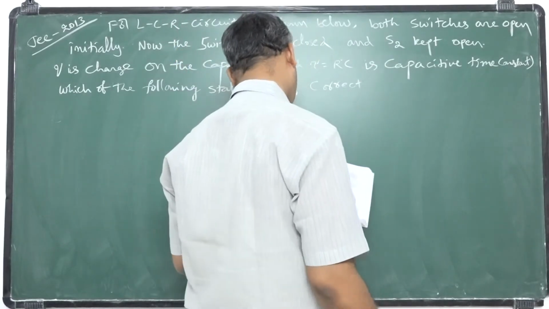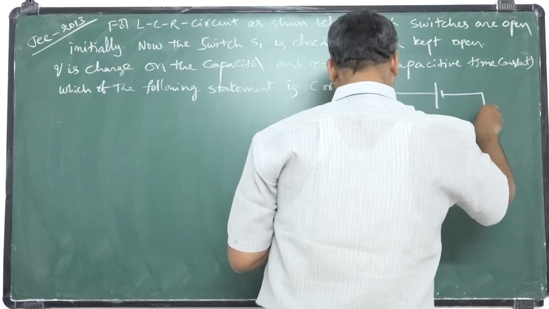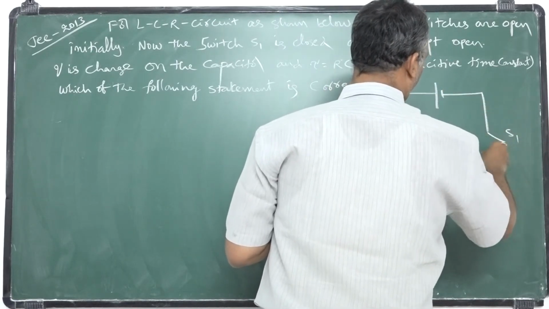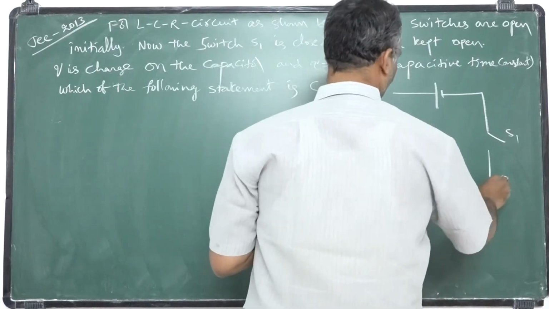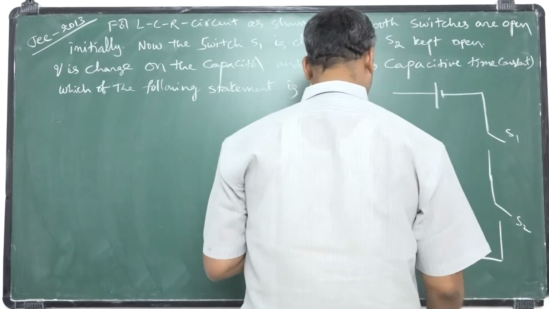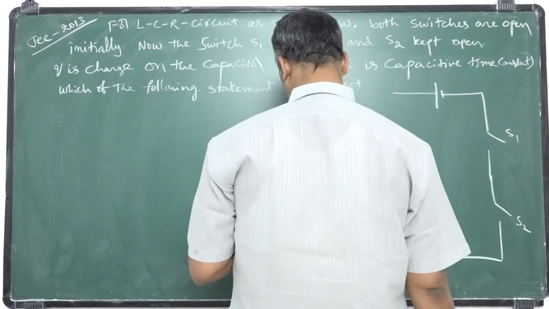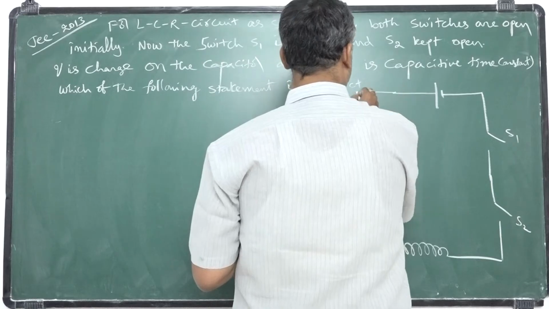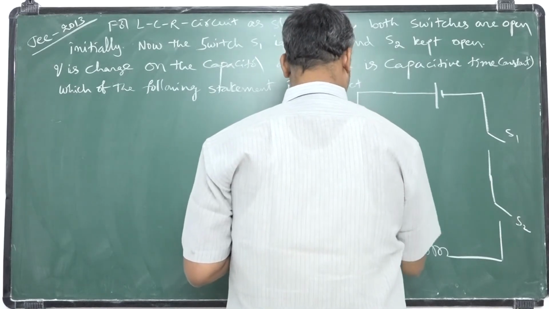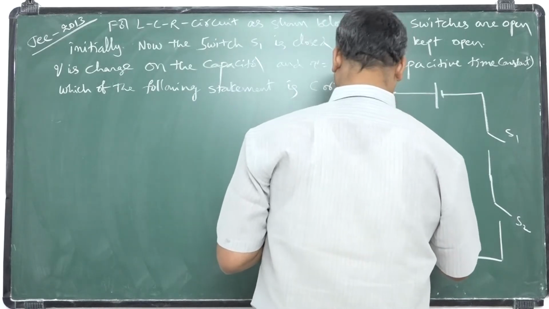Here the circuit diagram consists of a cell. Here key S1 is there attached with key S2, and it is connected through inductor and resistor and capacitor like this.